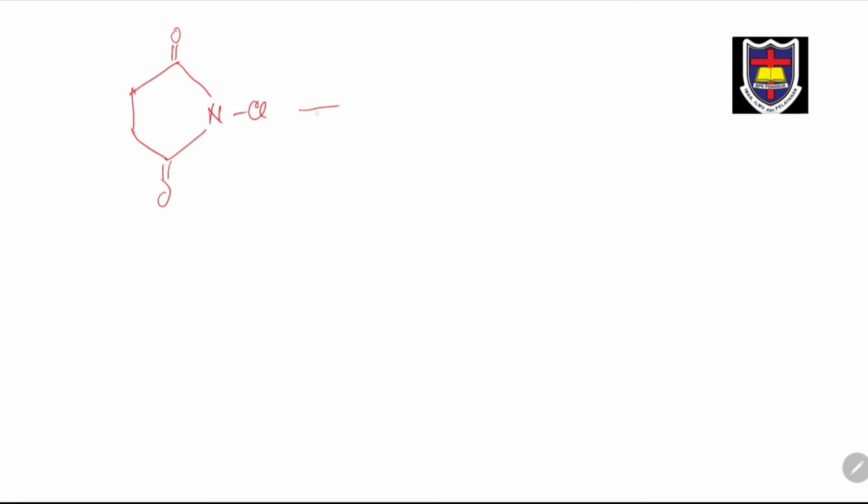So this structure is actually like this: C, O, N, Cl, C, O, and here carbon is in group 4, so the valence electron is 4.